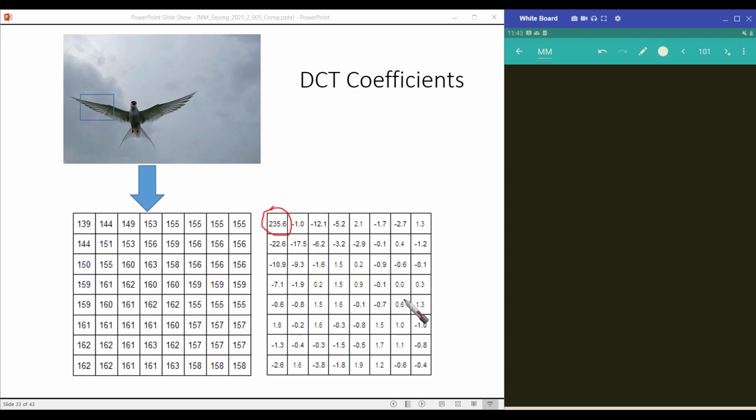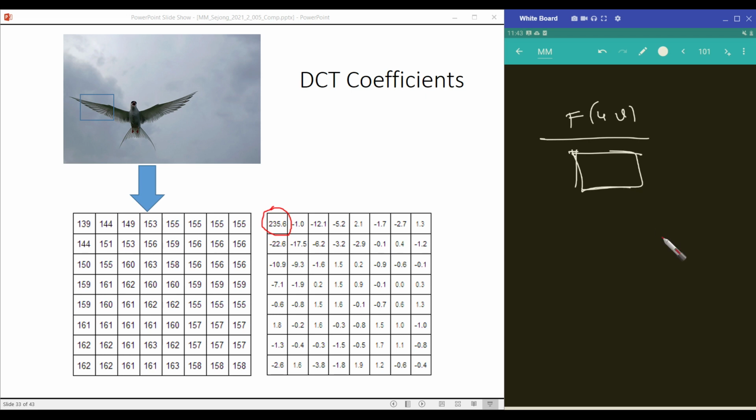Generally, this number is a very big number compared to that number. When we convert from Fij to FUV, this number is generally very big. So what we can do is divide these numbers by certain numbers. Definitely there is some research on what number we can divide by, but we will divide by some numbers.